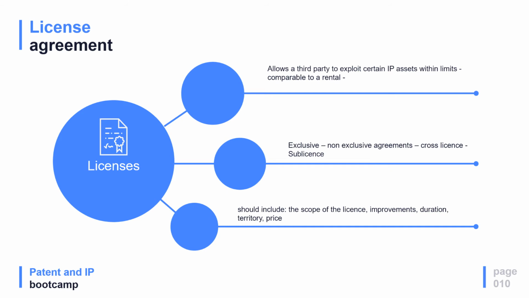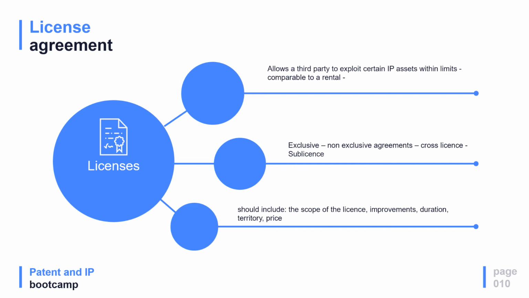Or cross-license, that means you're allowed to use one technology and the other one is allowed to use the other technology. It should also be made clear if sub-licenses are allowed. So that means, is the person who has the license allowed to give licenses to other people or not?